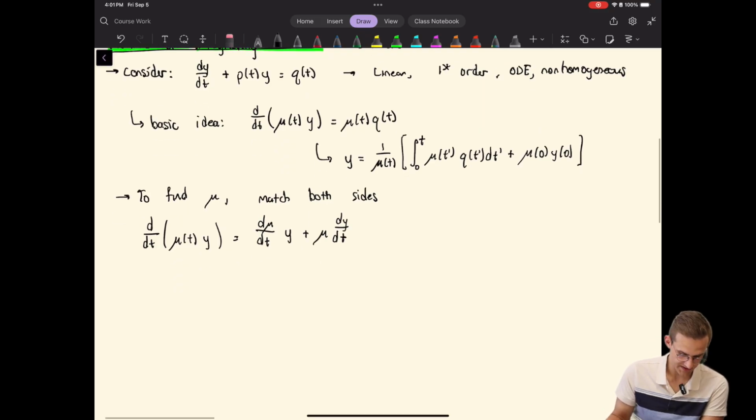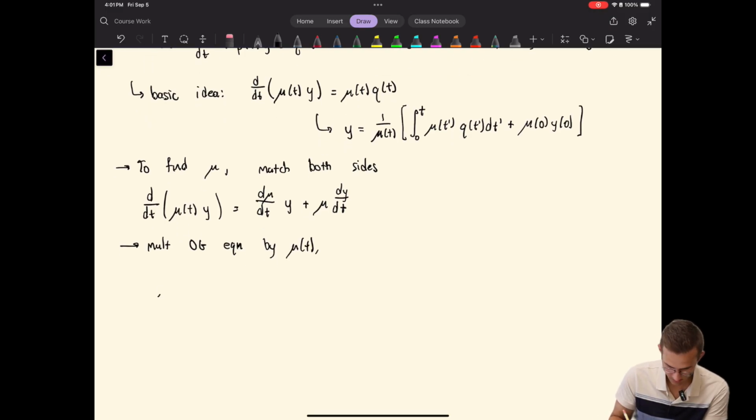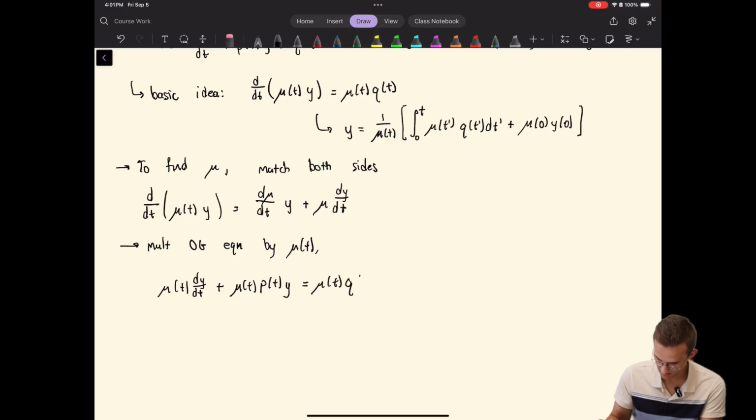And then we multiply both sides of the original equation by mu(t). That gives us mu(t) times dy/dt plus mu(t) p(t) y is equal to mu(t) q(t). So we can see here that we've got this matches, right? And then we evaluated what the thing on the left is.